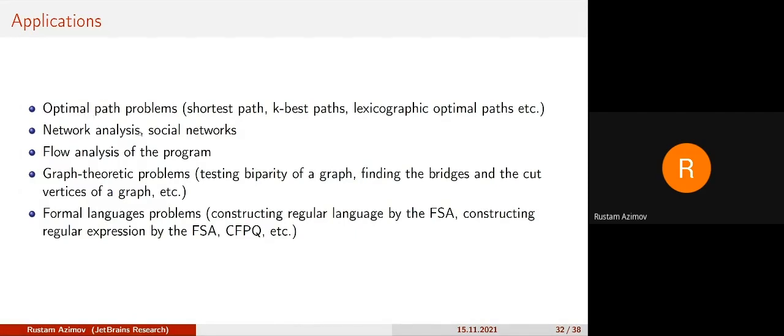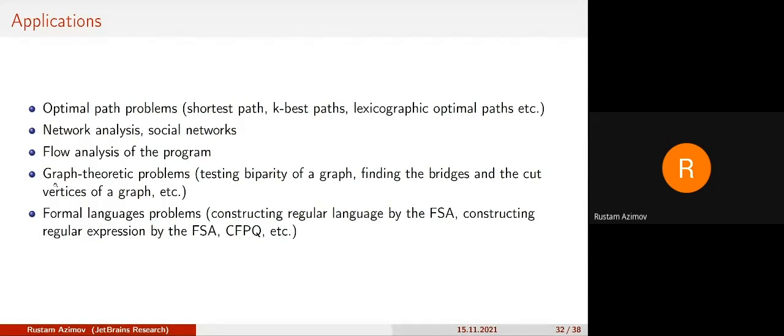And in network analysis, we, for example, can solve problems like reliability of networks, the reachability of one node in the network to another, and so on.